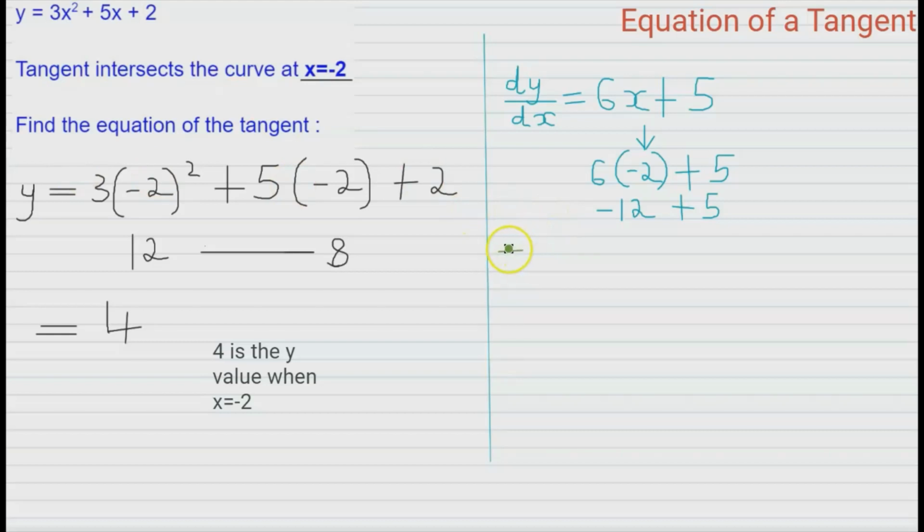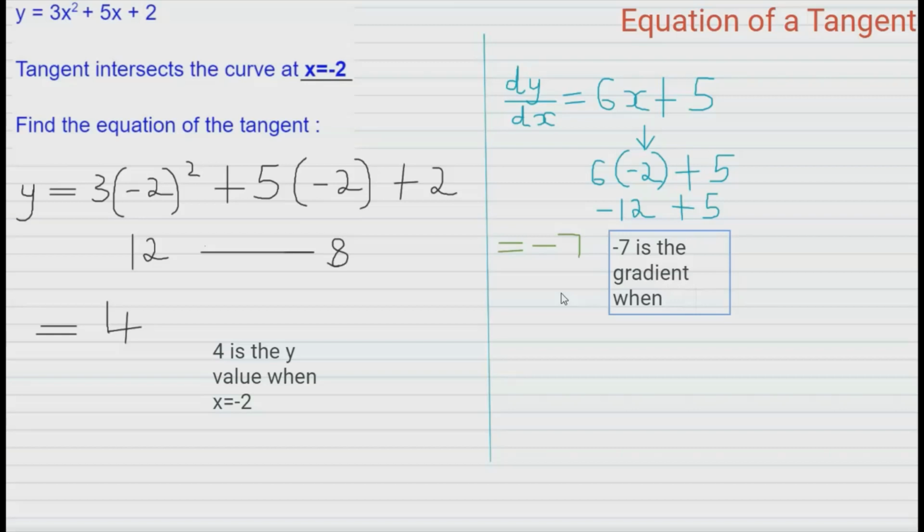And of course minus 7 is what we've got for the gradient now. So I'll write this in a text box again: minus 7 is the gradient when x is equal to minus 2. And actually we know why, we know that's going to be 4.